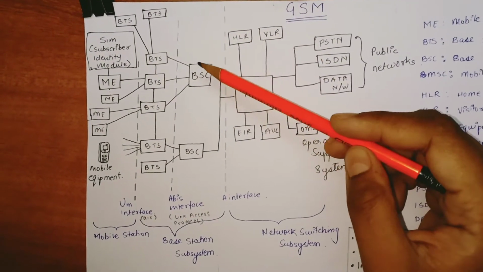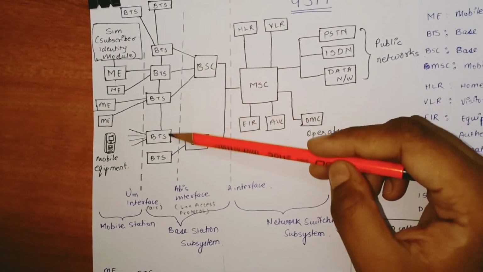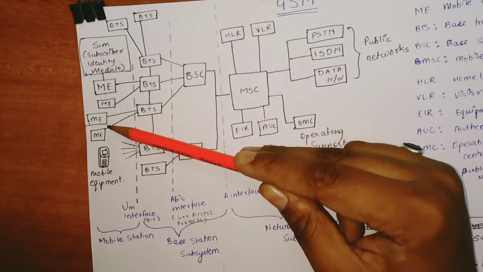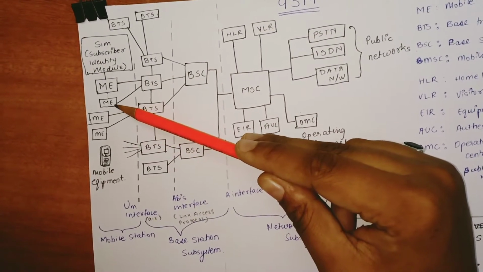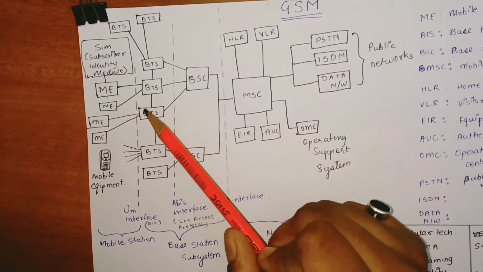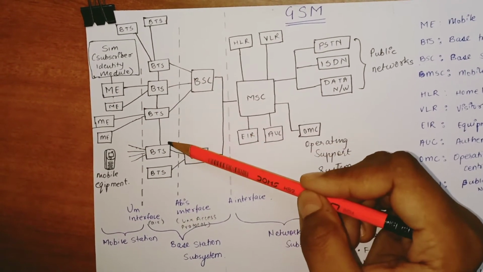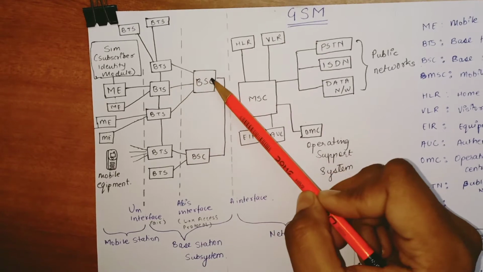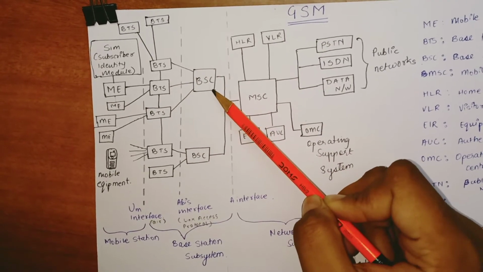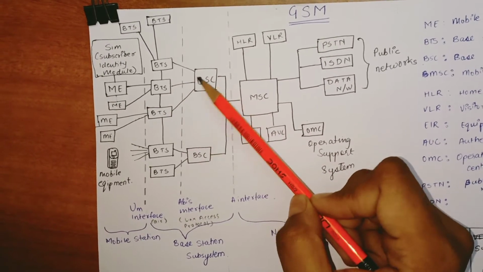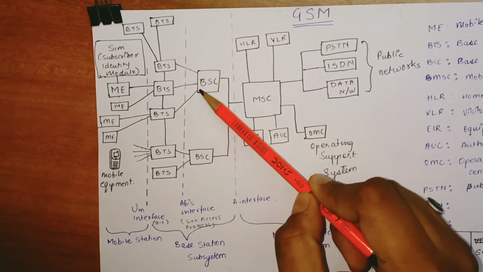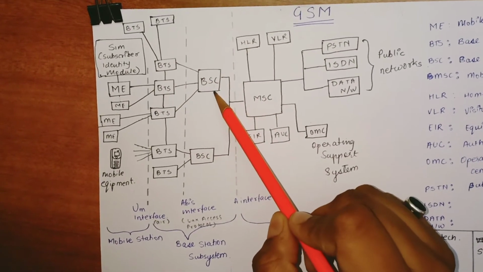So there are lots of BTS that are interconnected as well and connected to the attached mobile equipments. All of these BTS have their own base station controllers. So BTS are connected to BSCs.